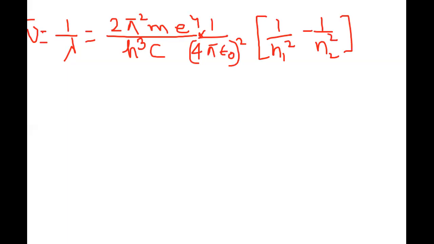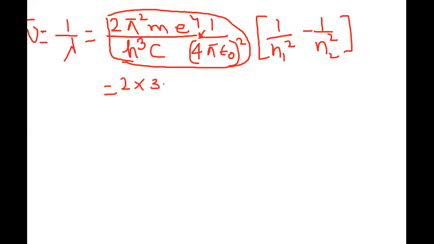Now if you substitute the values of all this, it turns out as follows. It is 2 into 3.14 whole square, and the mass, if I'm taking it in grams, is 9.109 into 10 to the power minus 28 grams.